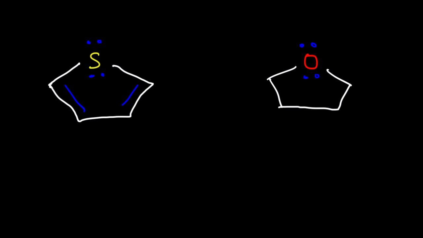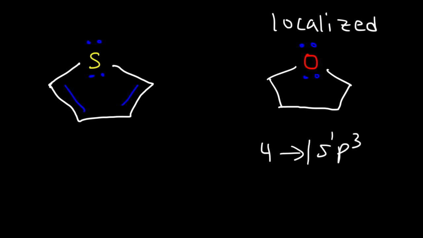So let's look at the structure on the right. Oxygen has 4 groups, 1, 2, 3, 4. And those lone pairs are localized. You can't draw any resonance structure for this particular molecule. So we need to count the lone pairs towards hybridization. And so since we have 4 groups, it's going to be sp3 hybridized.